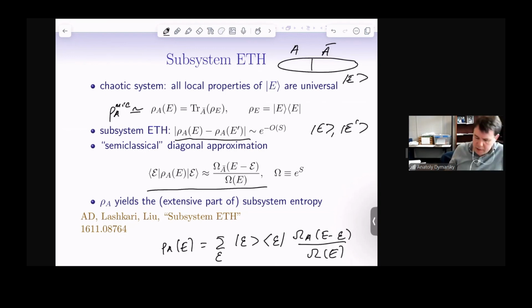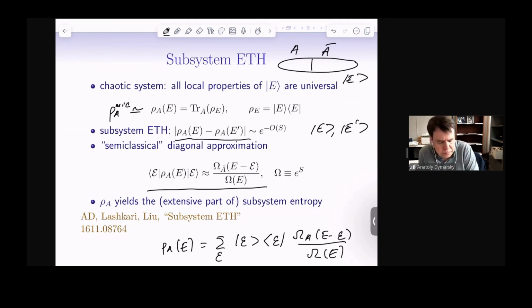Okay, you can ask, is that all I can say about this matrix? This matrix is likely not diagonal. It probably has off-diagonal matrix elements, and it certainly does. But in the semi-classical approximation, those off-diagonal matrix elements will be small. In fact, this is consistent with the standard ETH ansatz, which tells you that off-diagonal elements are exponentially suppressed. So individual off-diagonal matrix elements are very small.